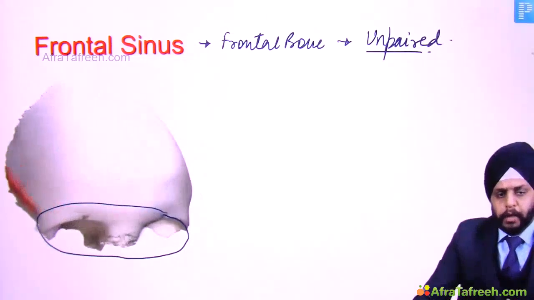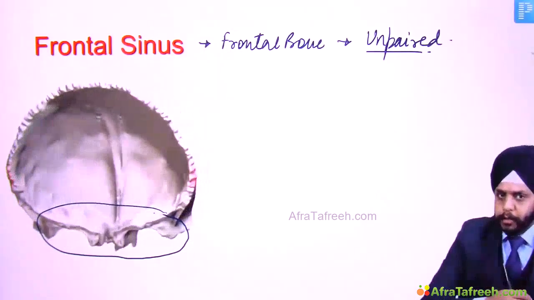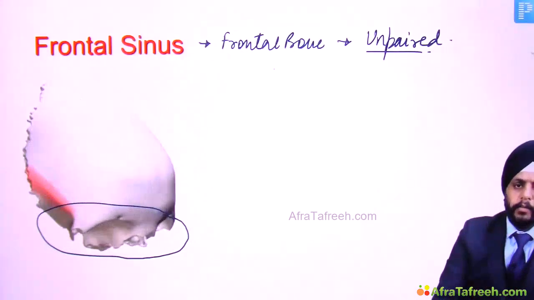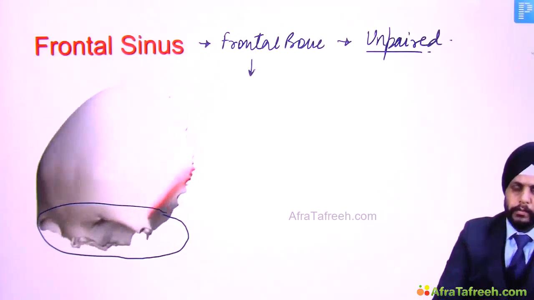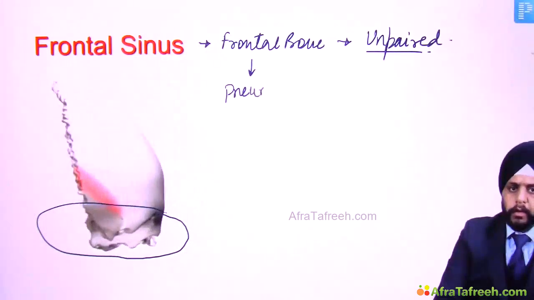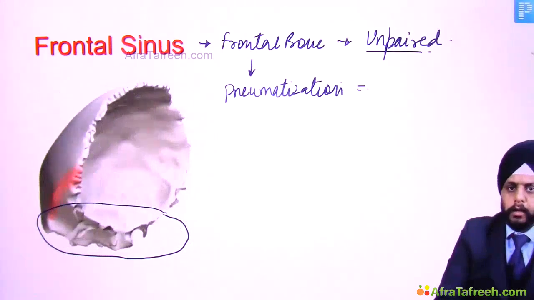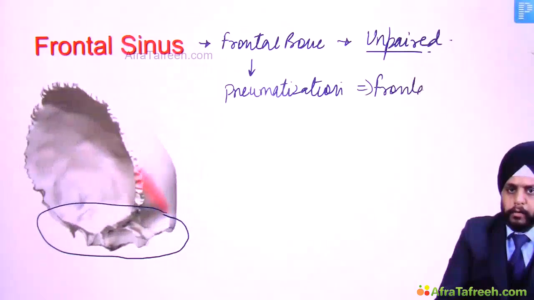So the orbital plate of the frontal bone forms the superior wall of the orbit, and that plate of bone undergoes pneumatization to form the frontal sinus.